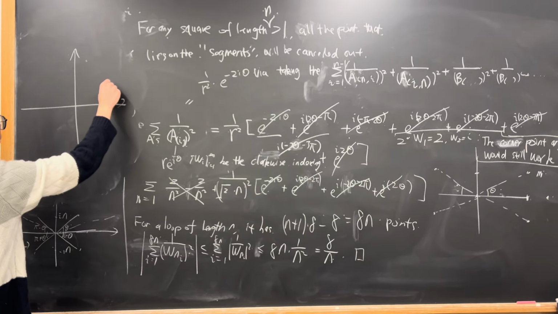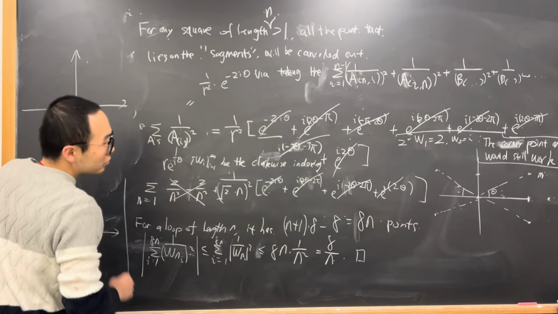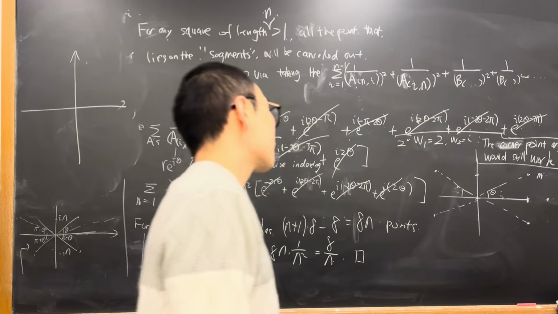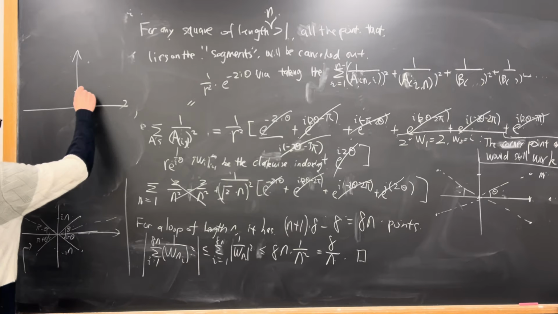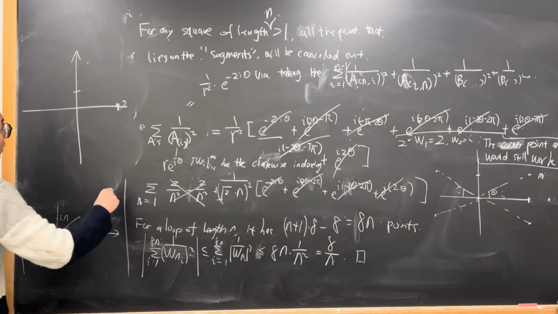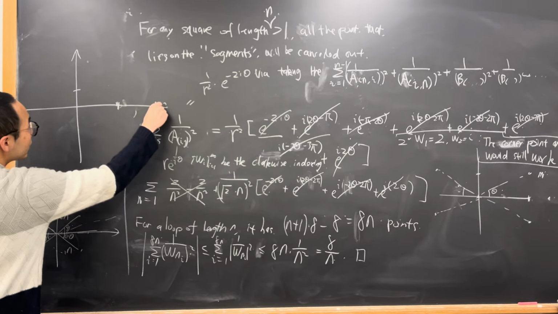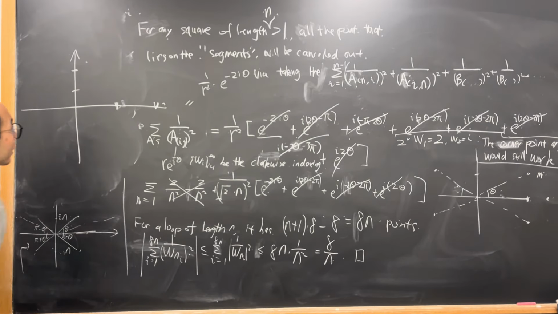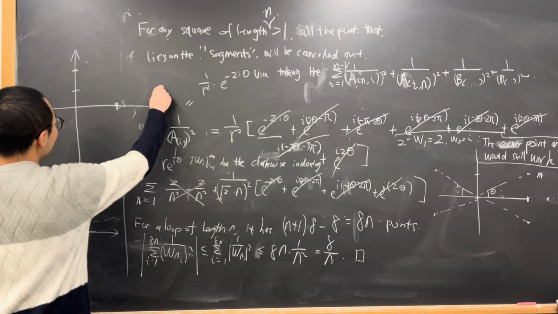So here, let me do a. Yeah, it's very hard to draw, I think. So here we have this, and then we have another copy, here another copy. Okay, so it's the loop 2.